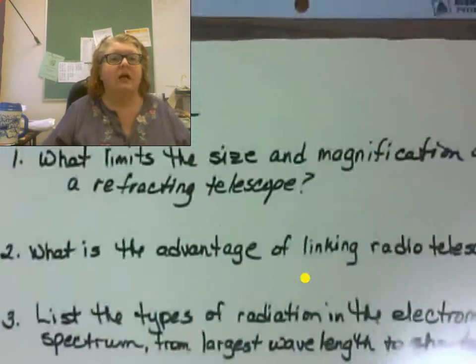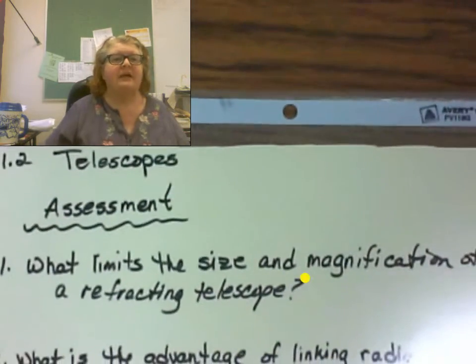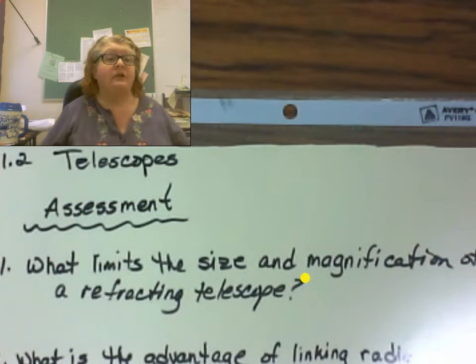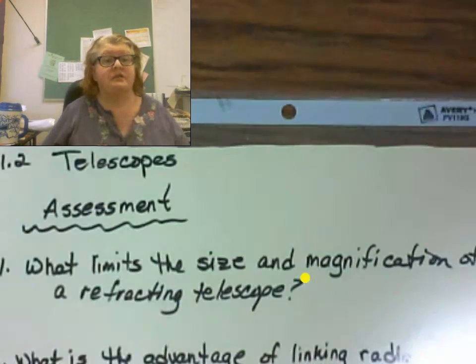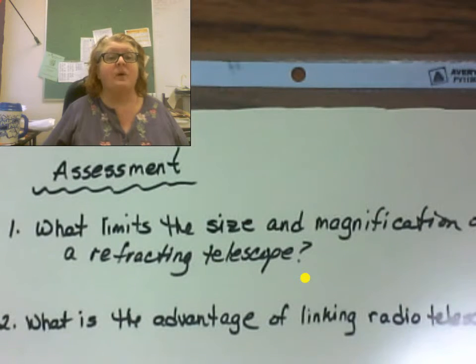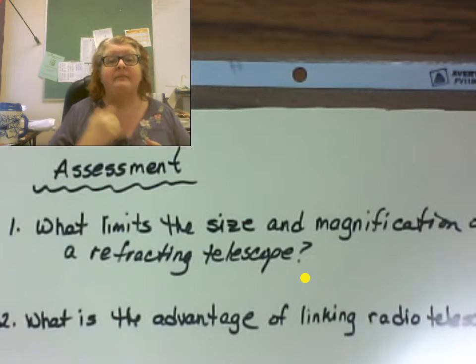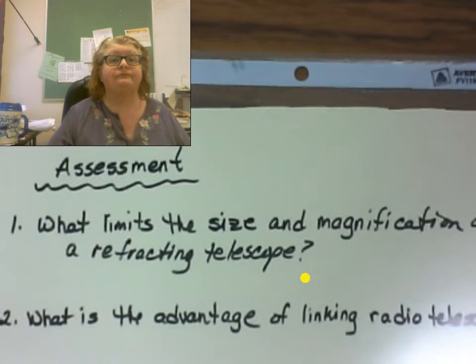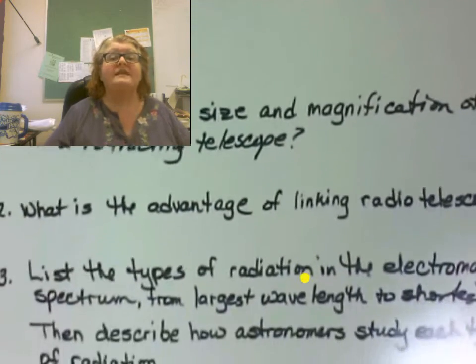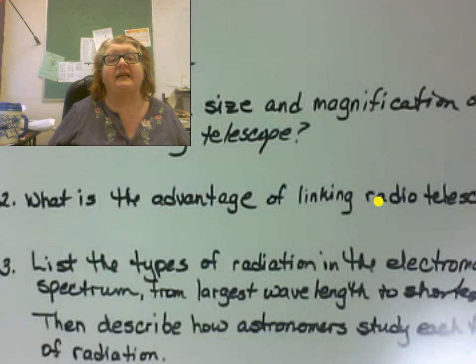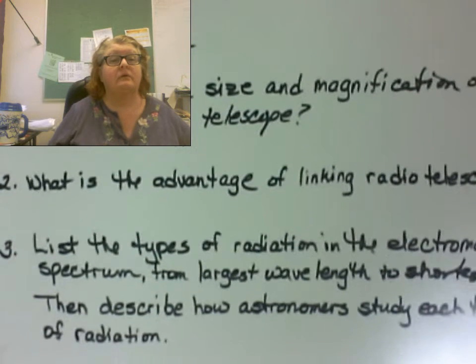Okay, so that's 3. Now, ta-da! Assessment 4. And I am going to change it to J, so just so you know. Assessment: number 1, what limits the size and magnification of a refracting telescope? Number 2, what is the advantage of linking radio telescopes? Why would we want to do that?